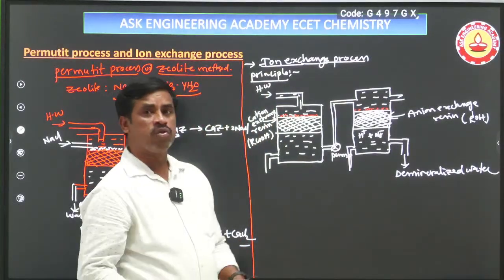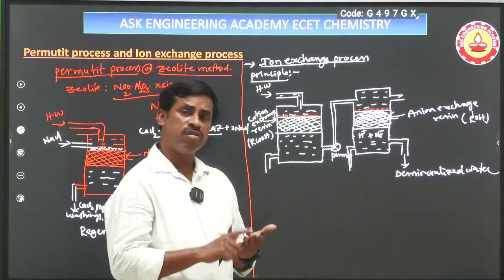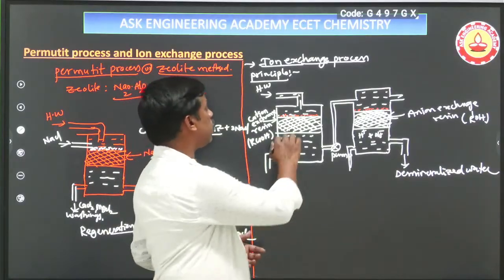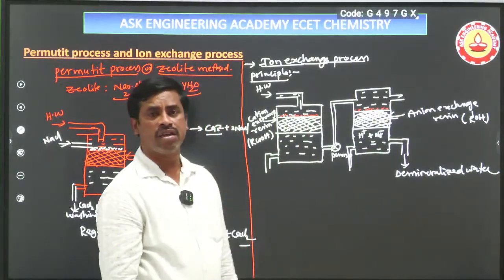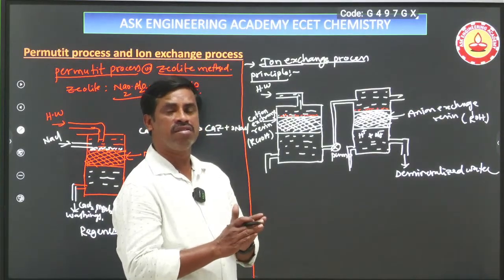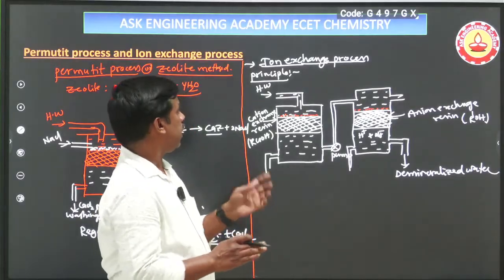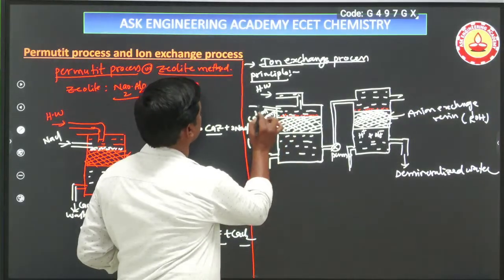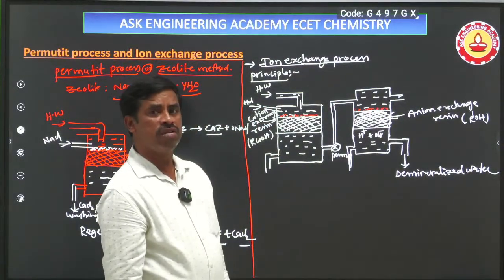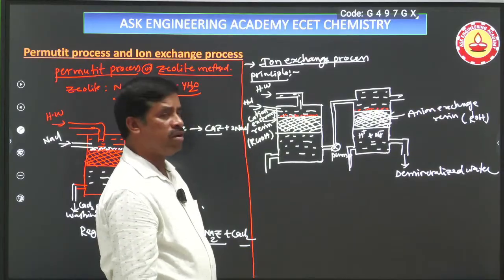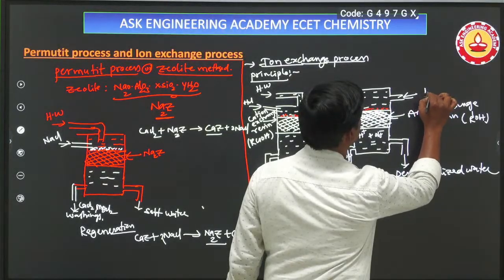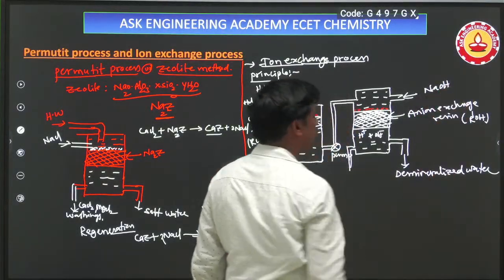How many days does this process work? Whenever this process is used for a long time, the microporous structure of the anionic and cationic resins becomes exhausted. The exhausted cationic exchanging resin can be regenerated by the addition of HCl, and the exhausted anionic exchanging resin is regenerated by sodium hydroxide.